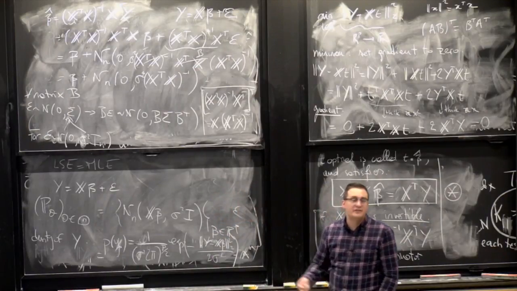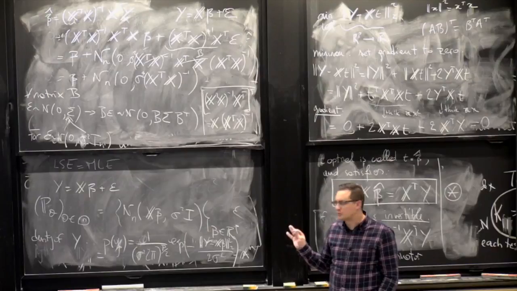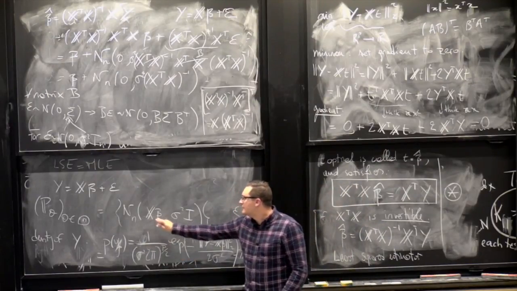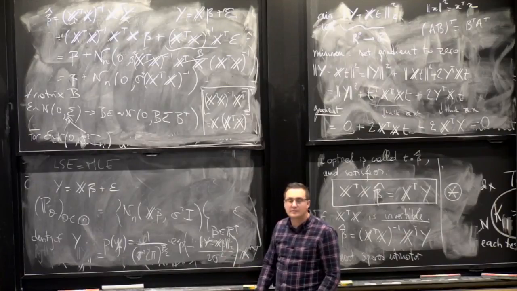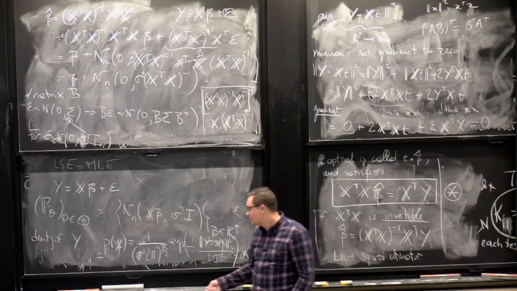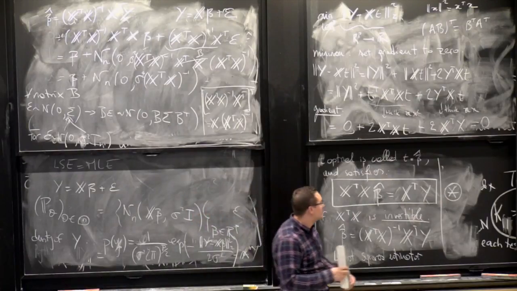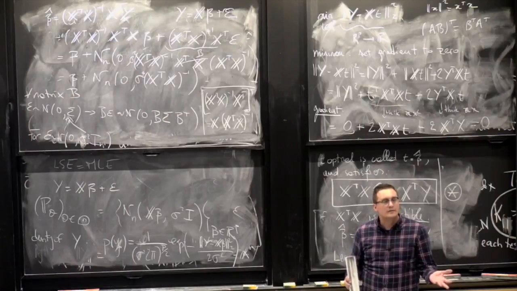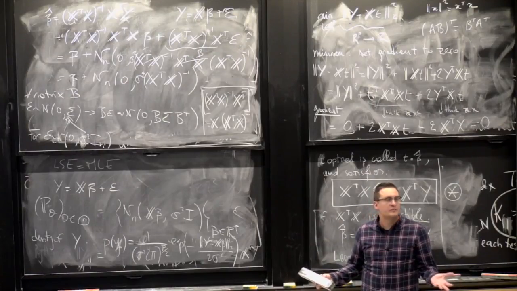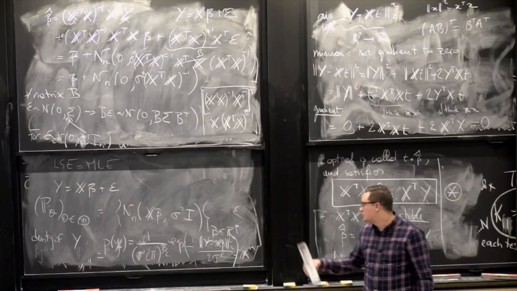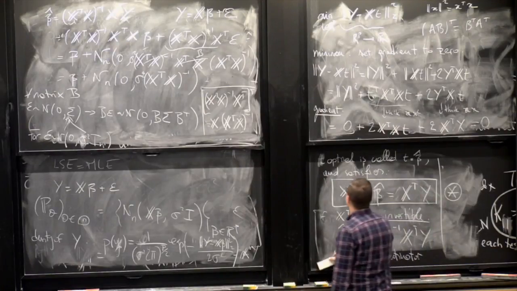OK, so that's just the multivariate Gaussian density. I just wrote it. That's the density of a multivariate Gaussian with mean X beta and covariance matrix sigma squared times the identity. You don't have to learn this by heart. But if you are familiar with the case where p is equal to 1, you can check that you recover what you're familiar with. And this sort of makes sense as an extension.